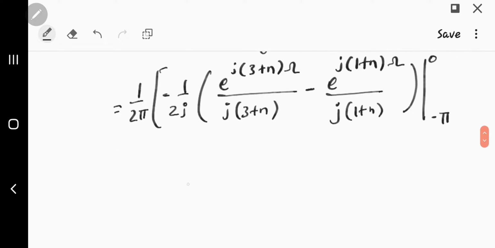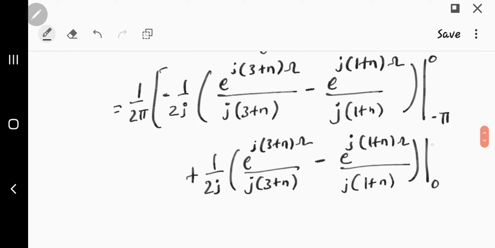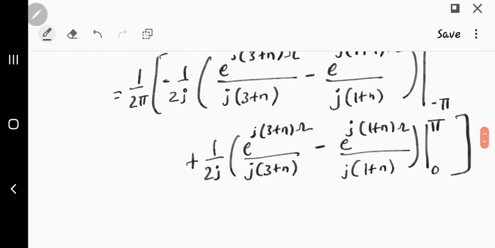So this is the first part, plus 1 by 2j into e^{j(3+n)ω} divided by j(3+n) minus e^{j(1+n)ω} divided by j(1+n), the limit is from 0 to π. Okay, so now apply the limits and try to simplify.